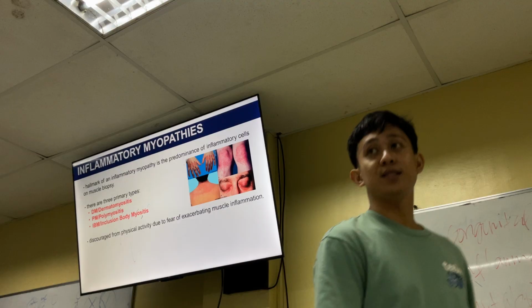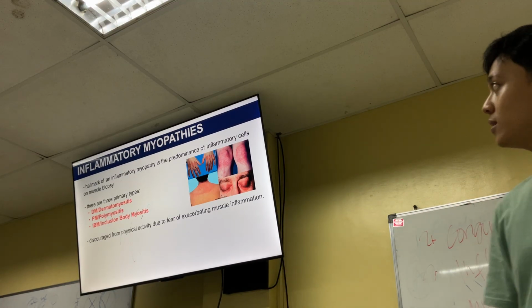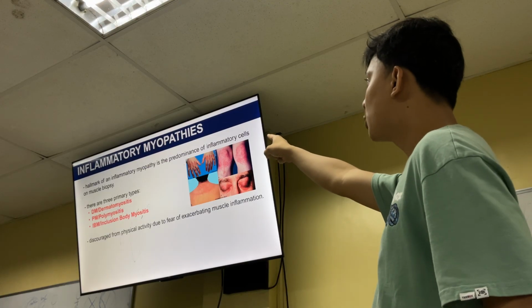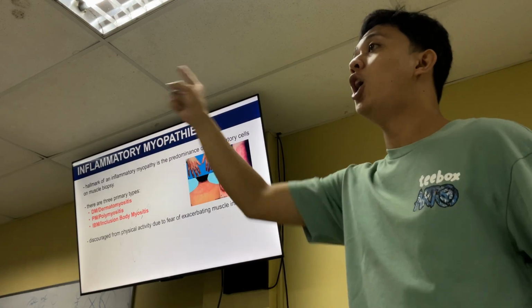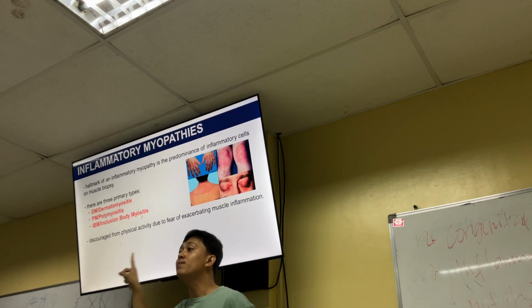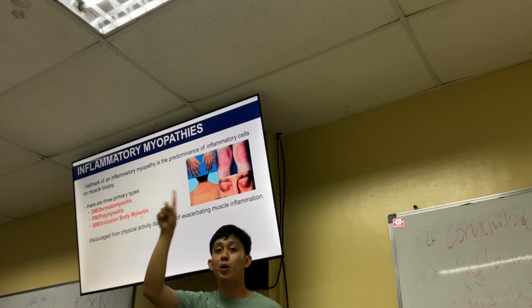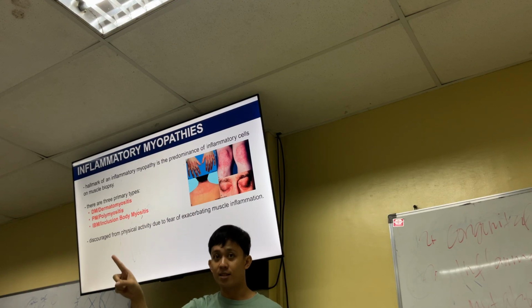Inflammatory myopathies. They have subtypes according to Giesen. The hallmark of inflammatory myopathy is predominance of inflammatory cells on muscle biopsy. From the name itself, you can use the muscle biopsy in your medical assessment, as long as there is a presence of inflammatory cells.